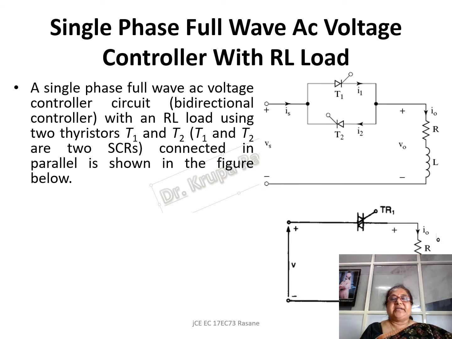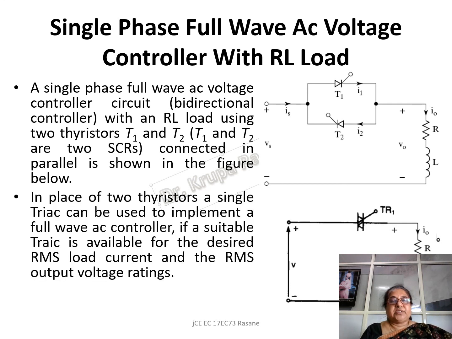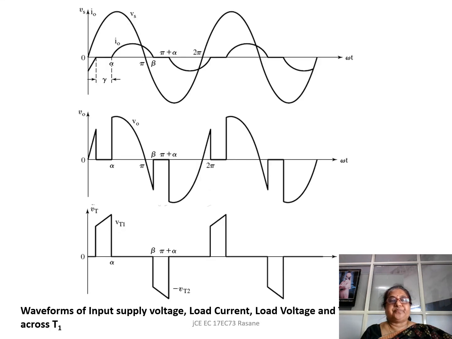So the firing angle of T1 and T2 can be controlled, because of which the output load voltage will also change. The two SCRs can be replaced by a triac, and using a desirable firing angle we can change the AC output voltage or RMS output voltage.